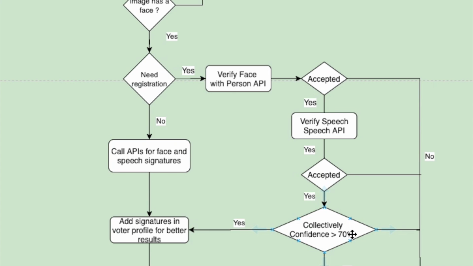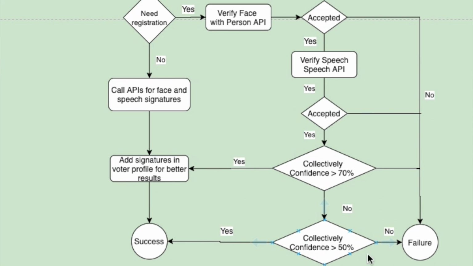If it is not greater than 70% collectively, then we check if it is greater than 50% collectively. If it is greater than 50%, we assume that it's the same user, and authentication is successful. In case it is less than 50%, then it is treated as a failure, and authentication is denied.